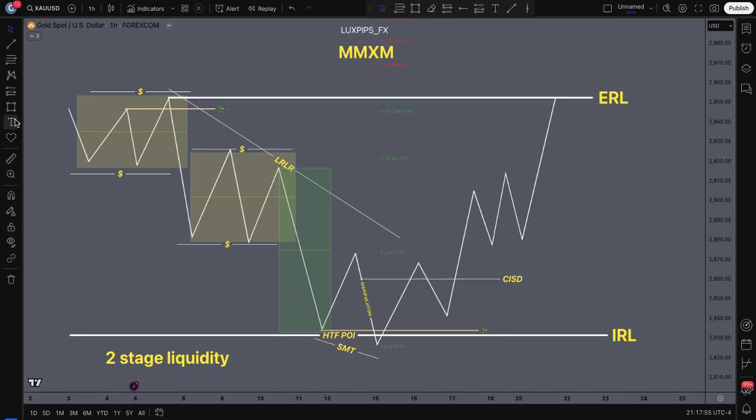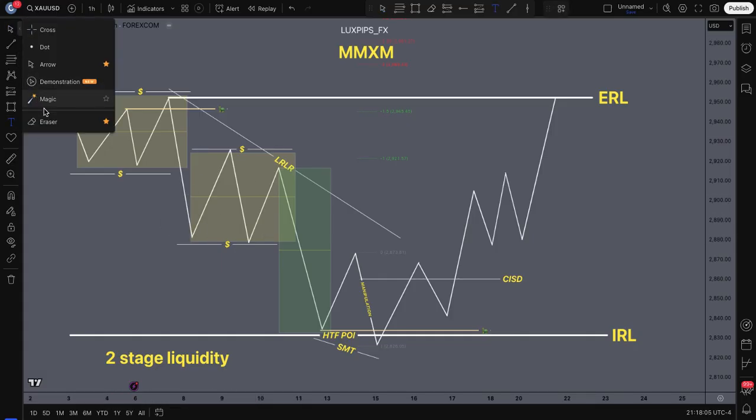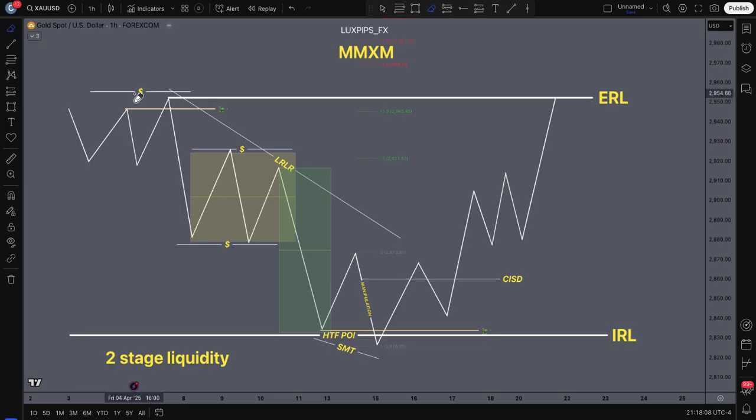So, before coming down into our POI, it made an accumulation. I want to focus on this one. You always want to focus on the consolidation right next to your POI more. So this is a structural liquidity.